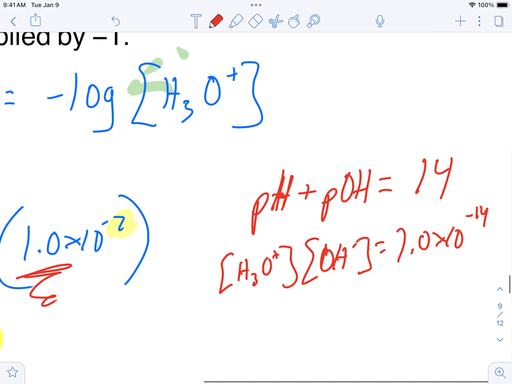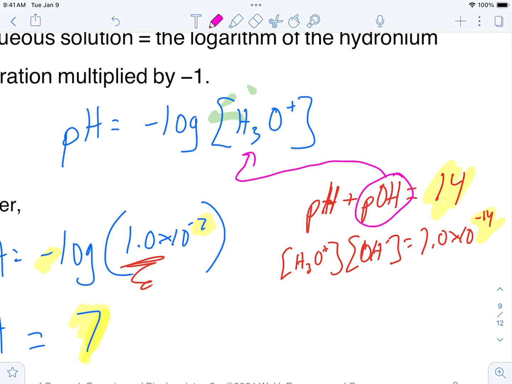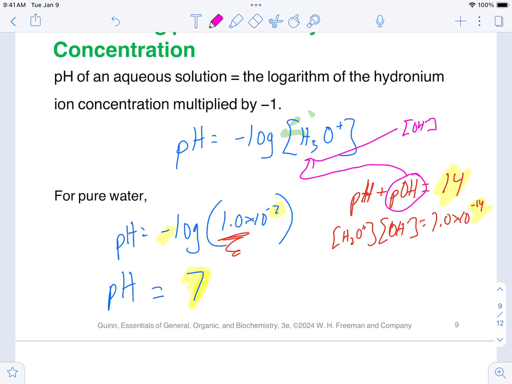Notice how the numbers are similar here. You get back to that 14 number. pOH, you can find the same way using the negative log, except instead of the H3O, it's the OH minus. But still negative log.